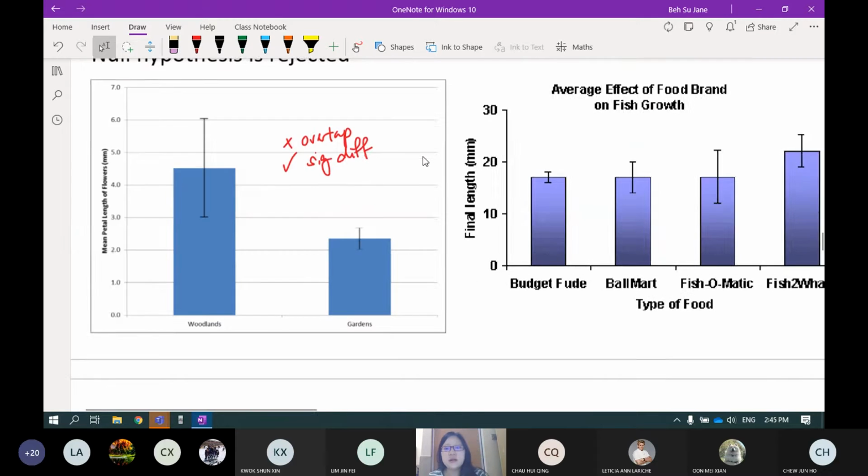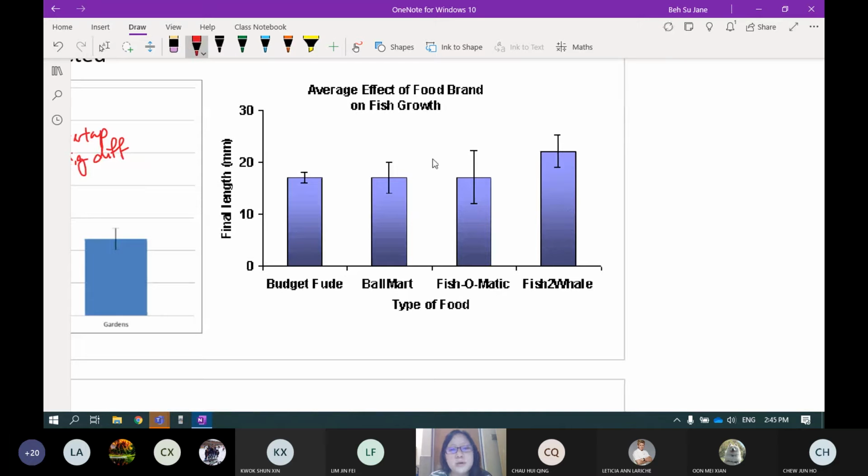This one has overlap. Okay, what is overlap? Maybe you cannot imagine. Anything that overlaps is overlapping. So even if there's a little bit of overlap, this is overlap. Okay, so all these error bars, they all overlap. So all of these, no significant difference.